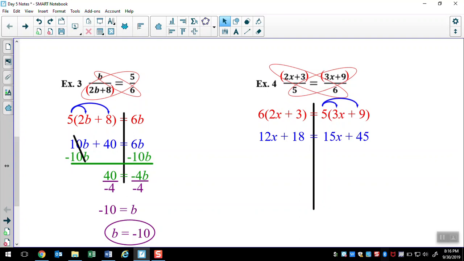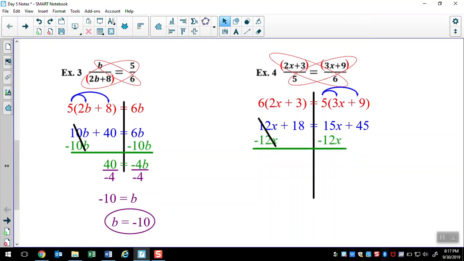Now I need to get my two variables together, so I need to make a decision. I personally prefer my variables to be positive, so I'm going to move my 12x over to the 15x. So I'm going to subtract 12x from both sides, and when I do that, those cancel out. And then I can come down, and I'm left with 18 equals 3x.